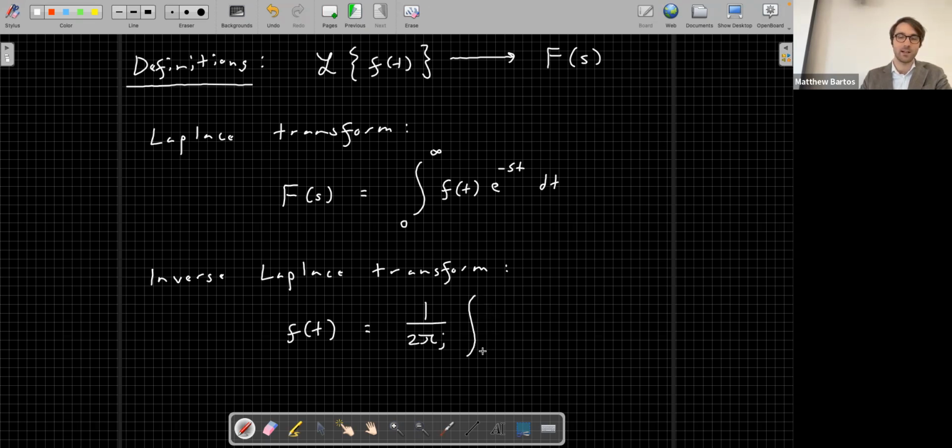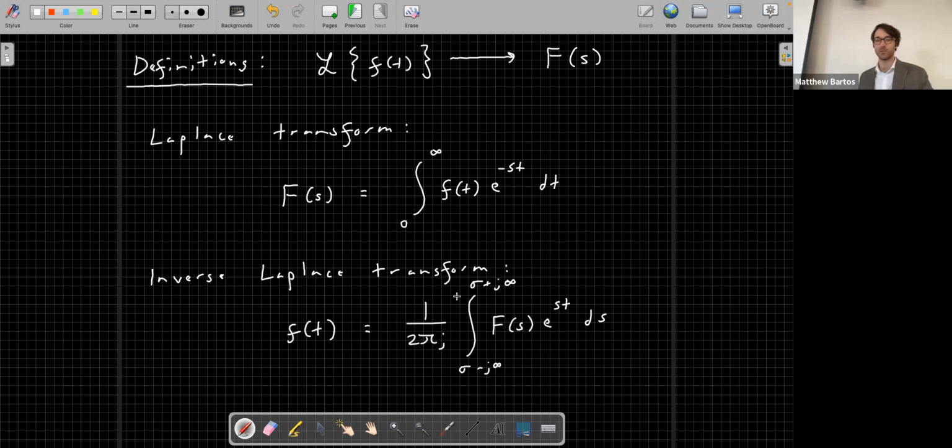integrated, I'll draw the limits in a second, integral of big F of s, e to the st, no negative, ds, where the limits of integration go from sigma minus j infinity to sigma plus j infinity. So it's integrating over the imaginary axis.